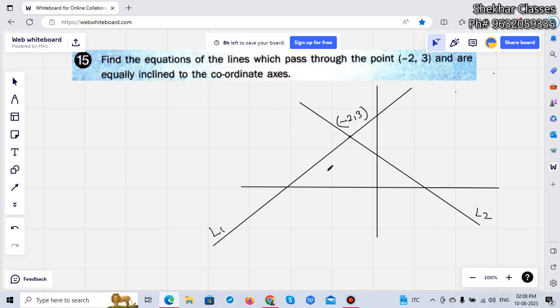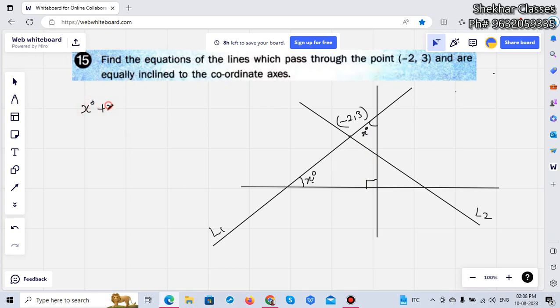When I say equally inclined to the coordinate axes, it means if this line is inclined at an angle of x degree, it should also be inclined to the other axis at x degree. We know that this is 90 degree, so x plus 90 should be equal to how much? 180 degree.